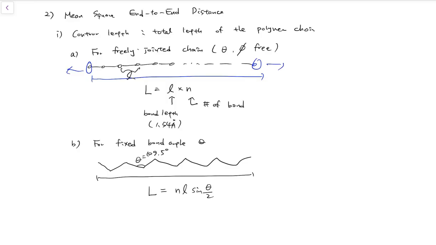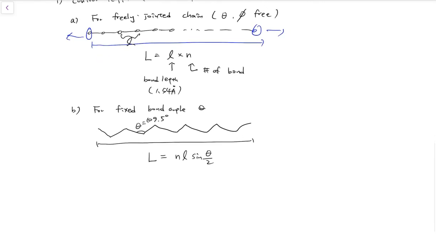Okay, but this is not really the real case, right? In the real case, as we have already learned, polymer chains show random chain or Gaussian chain conformations, right? So we cannot really say that the end-to-end distance as determined here or here is the real size of polymers.